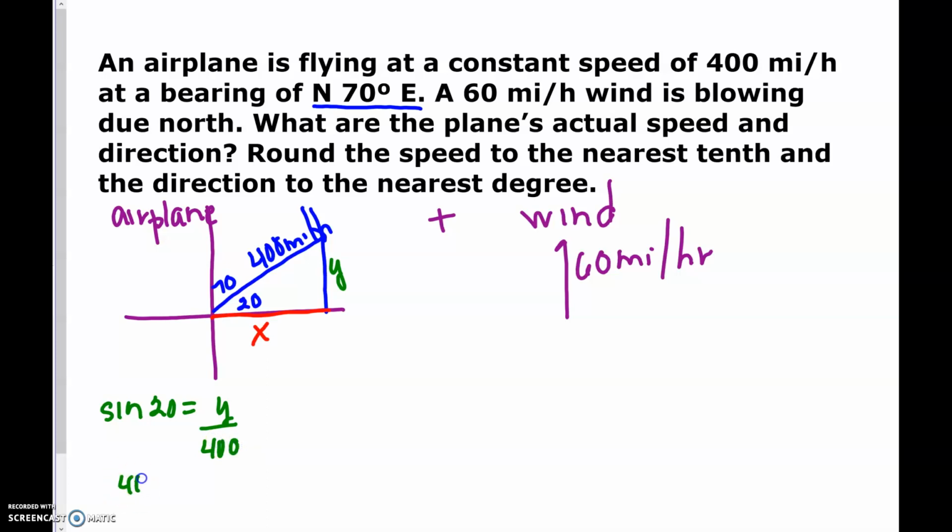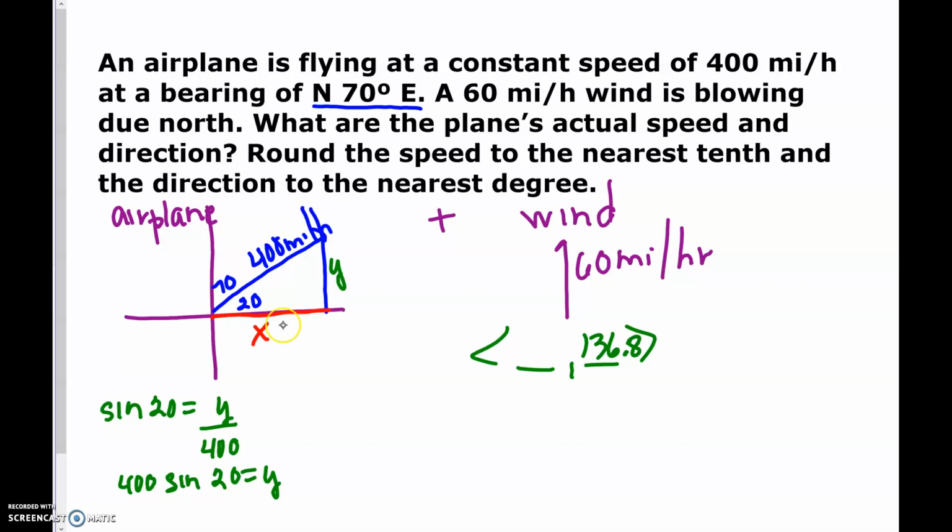So we have 400 times the sine of 20 is y. So in my vector here, I am looking for what this y value is going to be. All right, so go ahead and do that on your calculator, and this y value should come out to be 136.8, if I did my math right there.